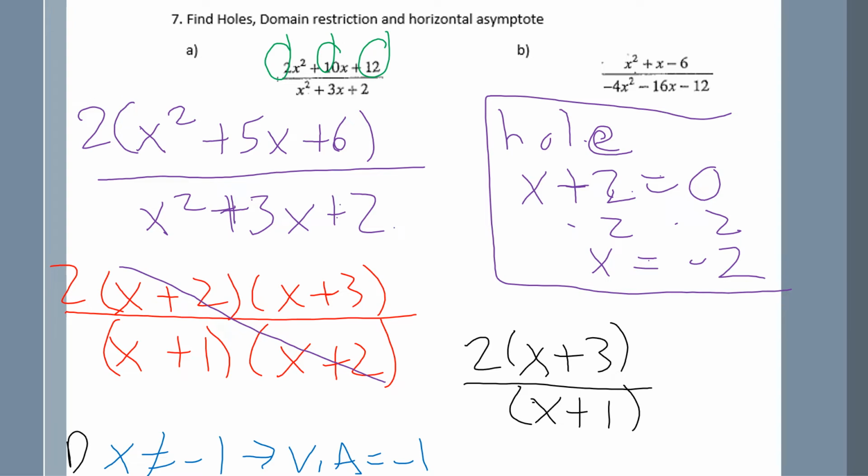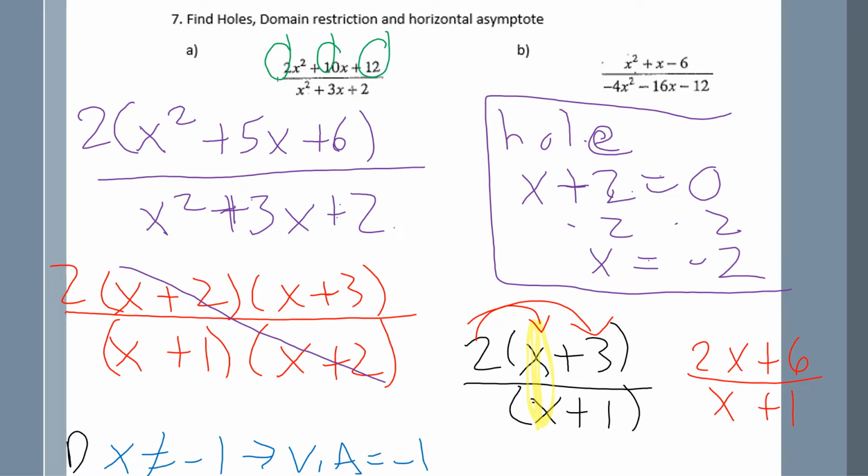Now, of course, to find your horizontal asymptote at this point, they do have the same variable with the same exponent. So what you want to do, of course, you don't have to do this, but I prefer it, it makes work easy: 2x plus 6 over x plus 1, because that's what I got.